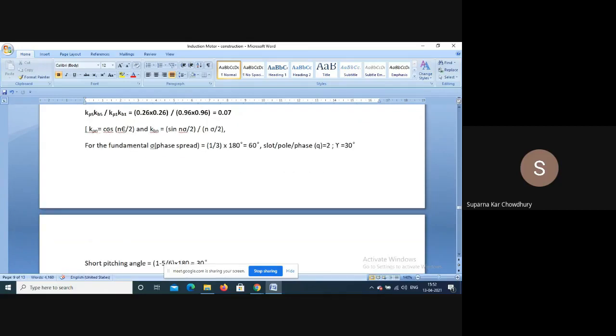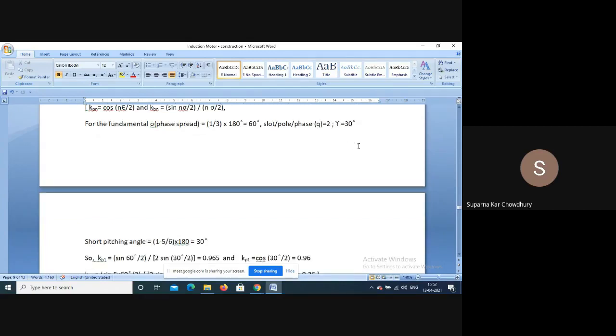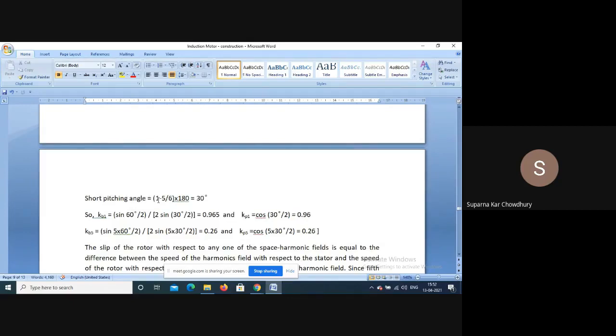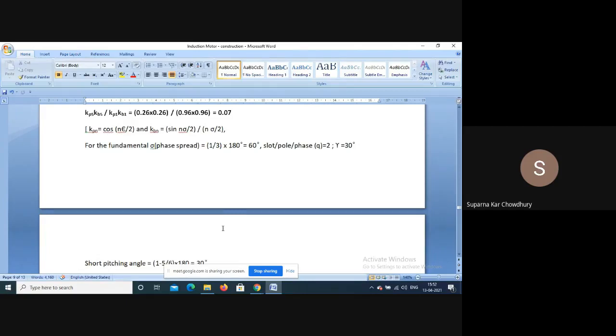That is KPN, the pitch factor, cos n epsilon by 2, and KBN, the distribution factor, sin n sigma by 2 over n sin sigma by 2. Now for the fundamental, sigma, the phase spread, is 60 degrees, as we have a 3-phase winding. Slots per pole per phase, say Q equal to 2, so gamma is equal to 30 degrees. So the short pitching angle is 1 slot pitch, that is 30 degrees.